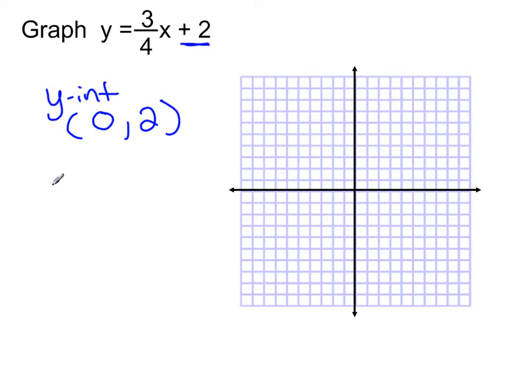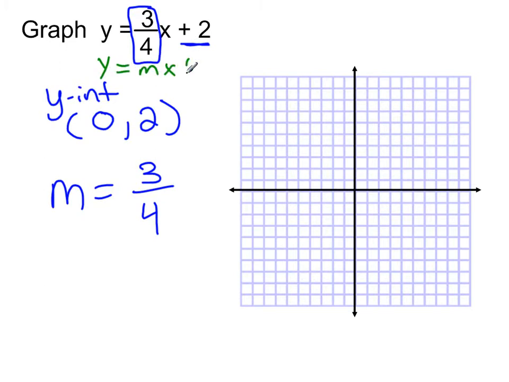The next thing we also need to find is our slope, which is the coefficient in front of the x, which is 3/4. And remember, it has to be in the format y equals mx plus b in order for us to just pull these out. If it's in standard form, then we have to do a little bit of manipulation, and we will see one like that, so hold on.